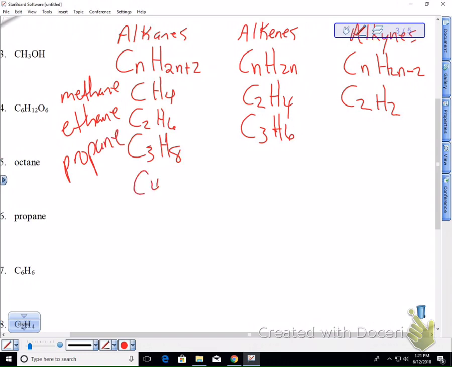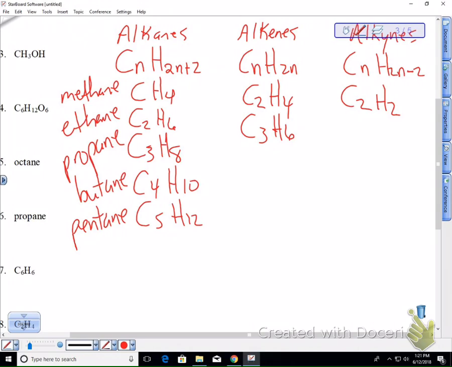If I did another one, C4H10, that's called butane. I know you've all heard of butane. And those each have kind of a weird name. Now starting at 5, we don't have to worry about weird names. Now we pick up with our regular geometric prefixes for 5. Pentane, the next one will be hexane, heptane, octane, which you've heard of, nonane, decane, and so forth.